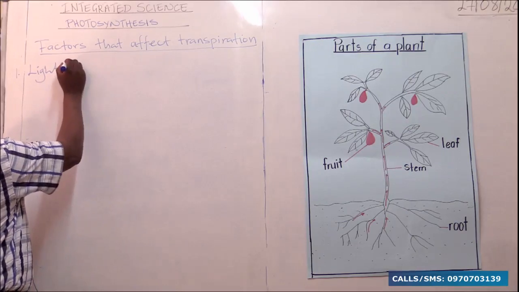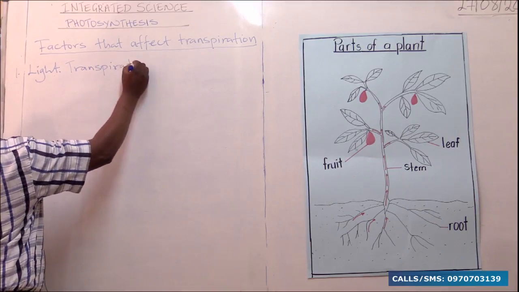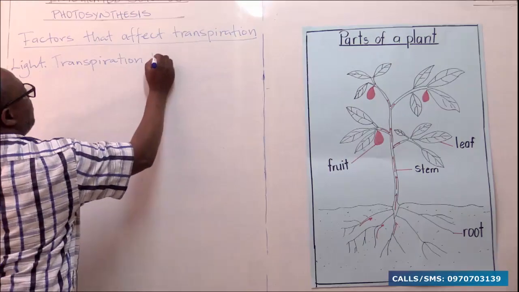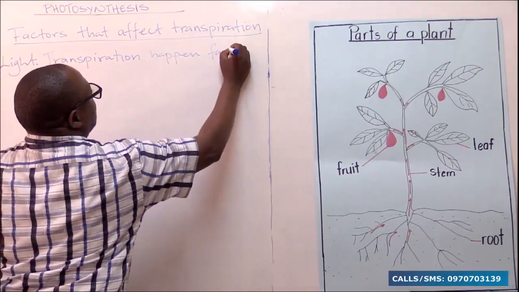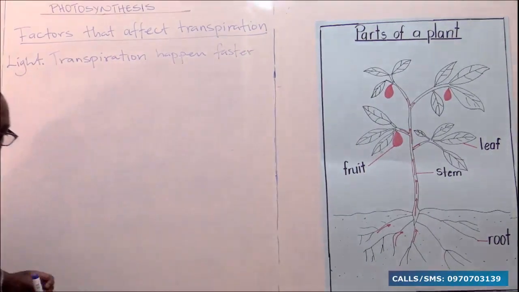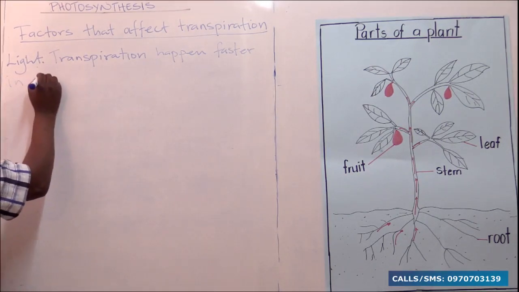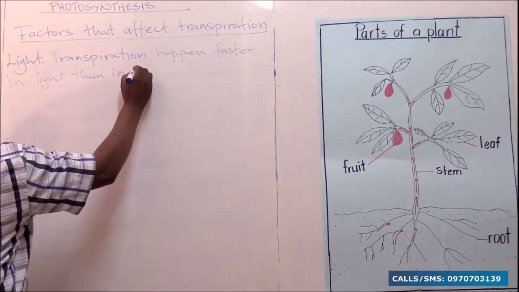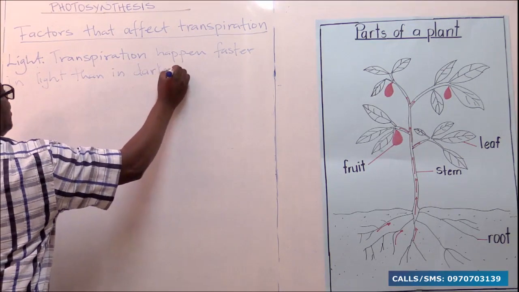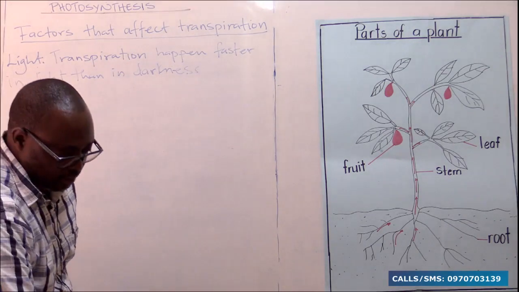Okay, so transpiration happens faster in light than in darkness.